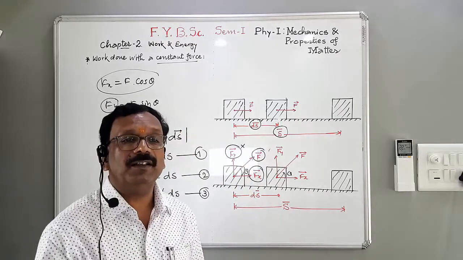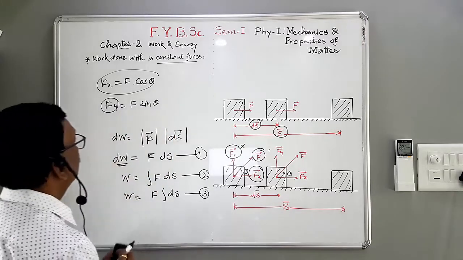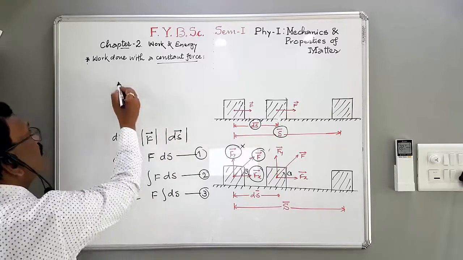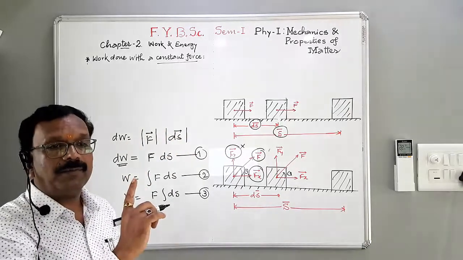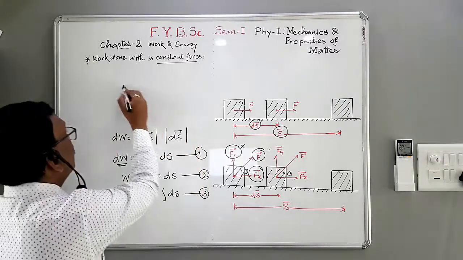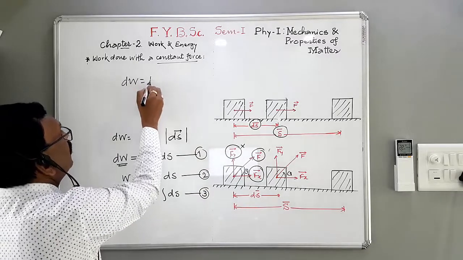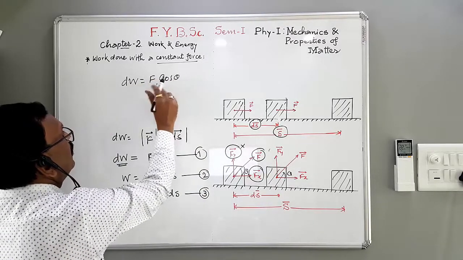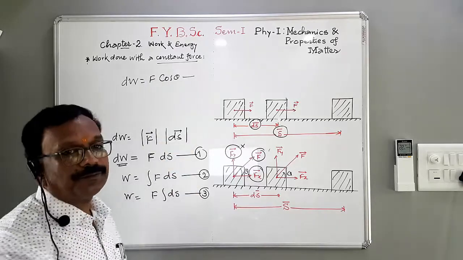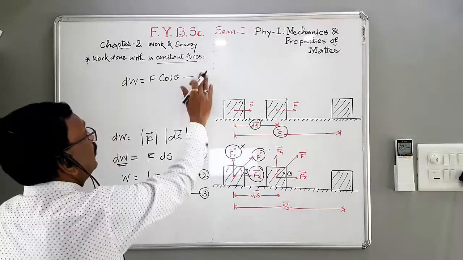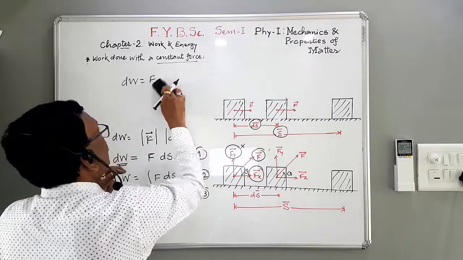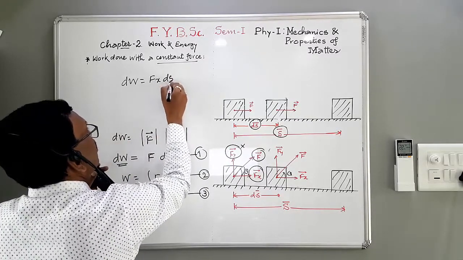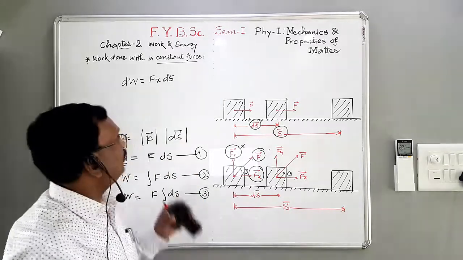Therefore the work done by the component Fx, dw, is equal to F cos theta, or simply Fx ds, Fx dx.